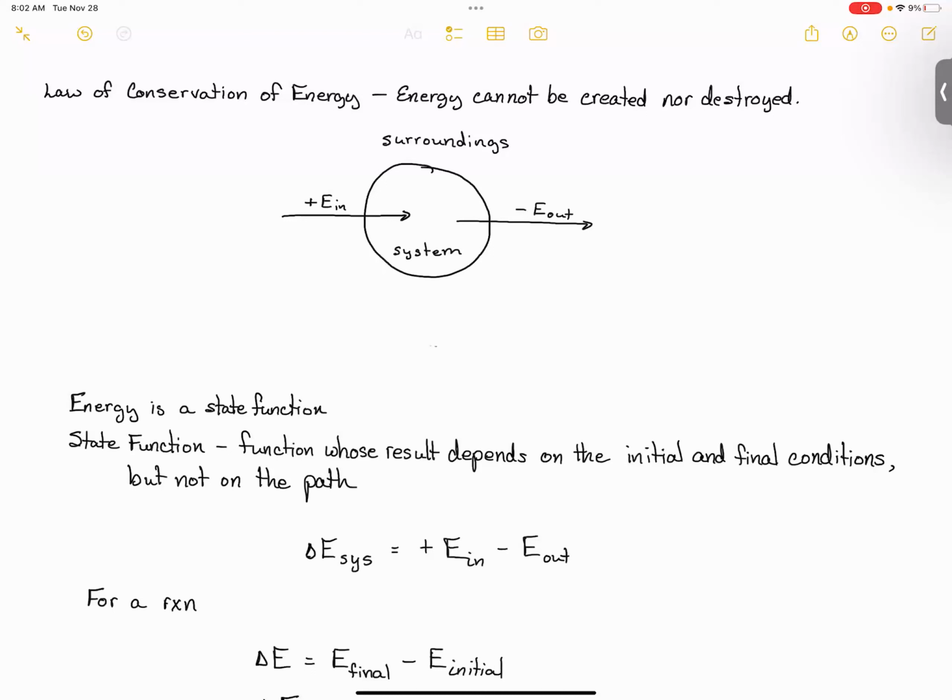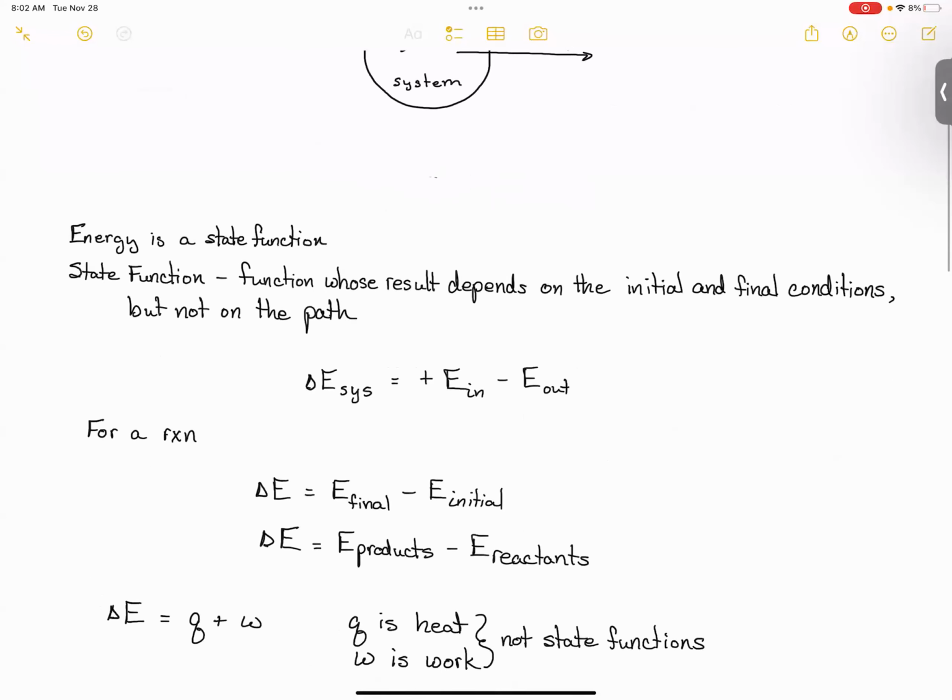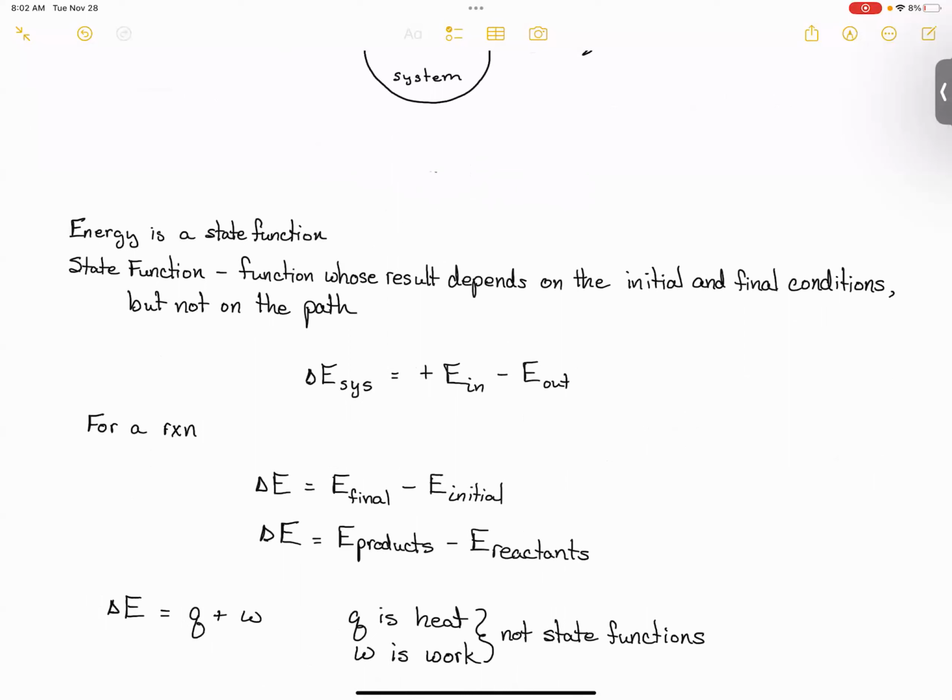Now, for a reaction, anytime we see a delta, that delta means final minus initial. So in a reaction, the final is going to be the product, the initial is going to be the reactant. So delta E for a reaction is going to equal E of the product minus E of the reactant.